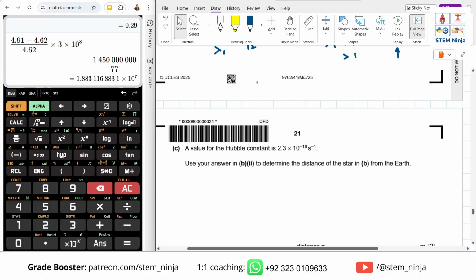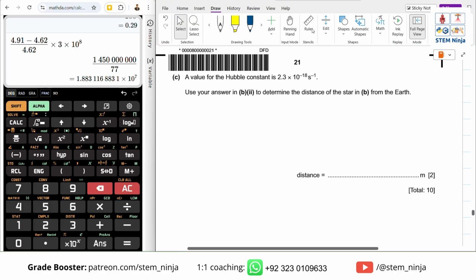All right, moving on. A value for Hubble's constant is this. Use your answer in B to determine the distance of the star in B from the Earth. So this is easy. v is equal to H naught times d.